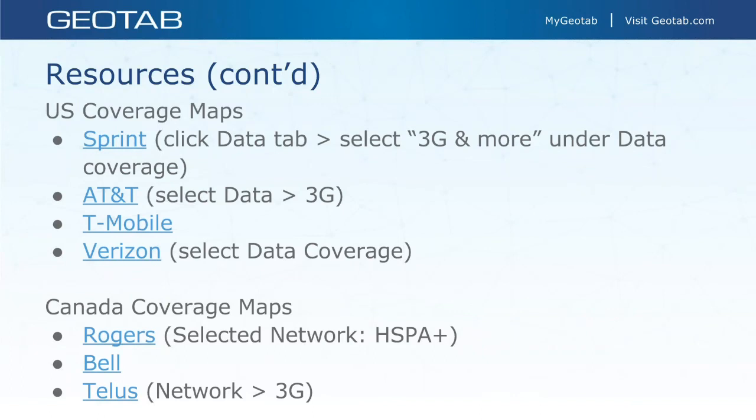We are planning on releasing an LTE device later in the year, but for now, if you're going to look at coverage, you want to make sure that number 1, you're looking at data coverage and not voice, and number 2, you are looking at 3G or the equivalent and not LTE. Something else to keep in mind is that these coverage maps are sort of a best case scenario, and often they are maybe slightly exaggerated by the carrier, so take them with a grain of salt.